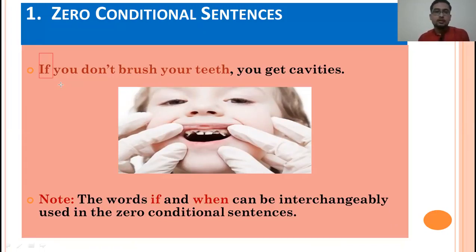For example, if you don't brush your teeth, I can say when you don't brush your teeth, you get cavities. So instead of if, you can use when. So this is stated in the note here. You see there is a note here. It describes that if and when can be used interchangeably in zero conditional sentences.